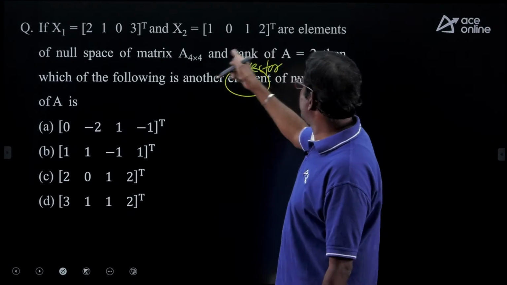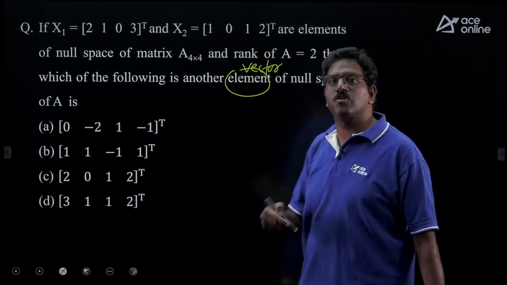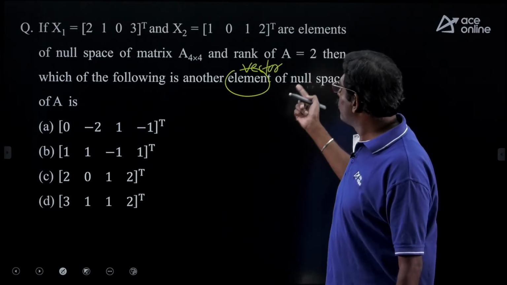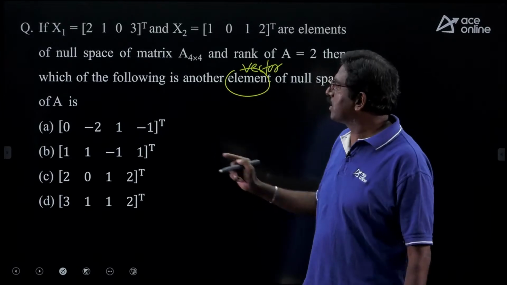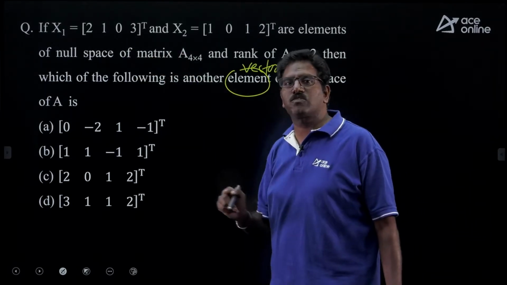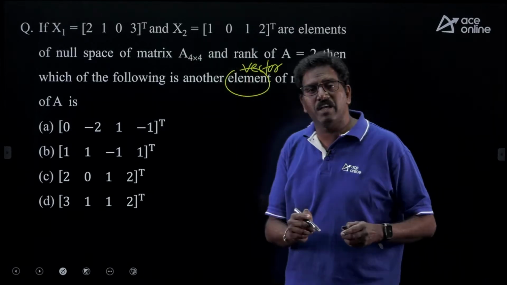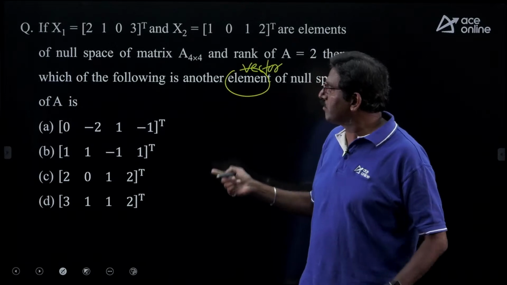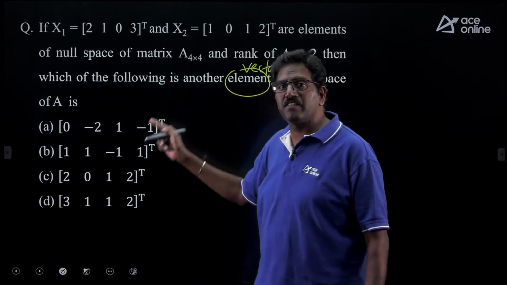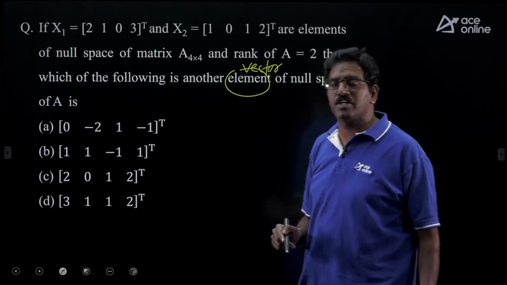Very clear. One hint. See, 2 vectors of a null space given and rank of A is equal to 2 given. Rank of A is equal to 2 means no doubt that null space contains 2 linearly independent vectors. So here x1 and x2 are linearly independent. x1 and x2 are linearly independent means all remaining vectors of null space can be written as a linear combination of these 2 vectors x1 and x2.